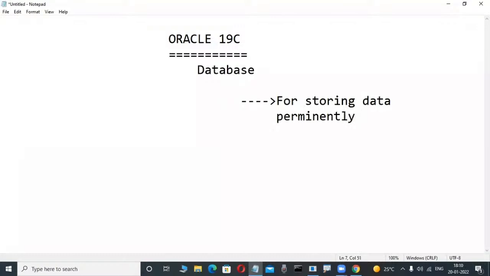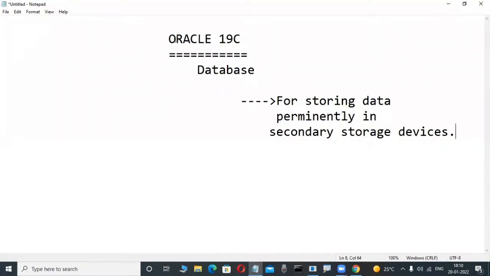In secondary storage devices. Secondary storage devices means maybe a hard disk. Permanent. Suppose today we store data, then after 5 years, 10 years, 20 years, 100 years, your data is still available and you are using it.